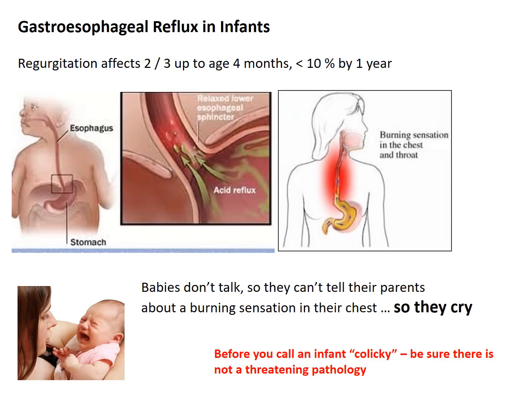And some of that has to do with the anatomy, as the lower esophageal sphincter picks up more tone, the incidence of GE reflux tends to decrease. And the more time that the baby spends upright as well, the less incidence of gastroesophageal reflux.